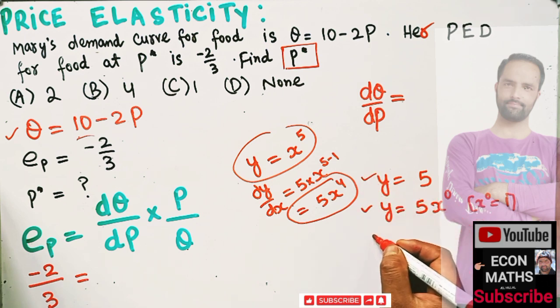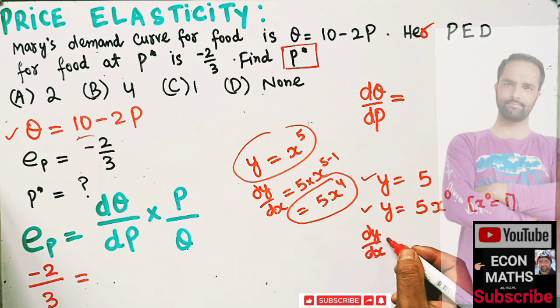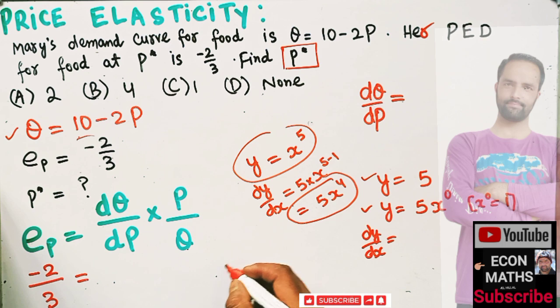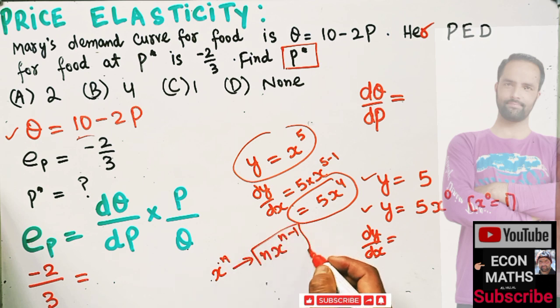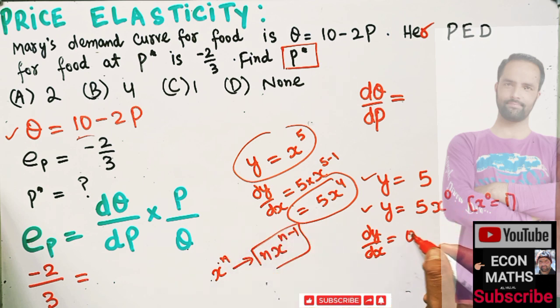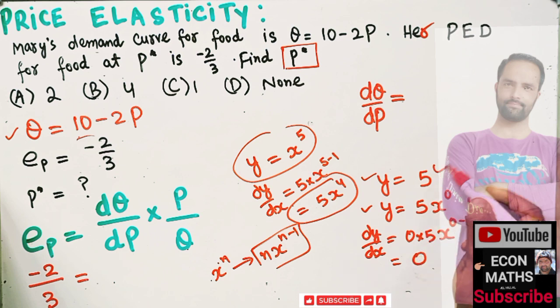Now using the power function rule, dy upon dx. What does the power function rule tell us? If we have x to the power n, its derivative is n becoming the coefficient, and n is subtracted by 1. Using that here, this 0 becomes the coefficient and is multiplied with 5, then we have x to the power 0 minus 1. 0 times anything will be equal to 0. That is how the derivative of a constant is always 0.